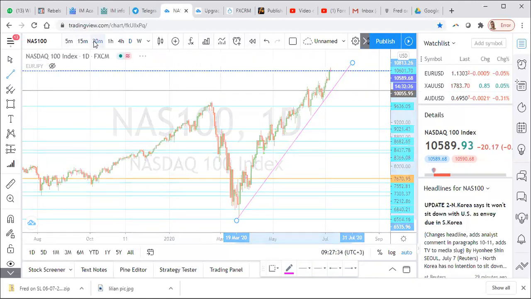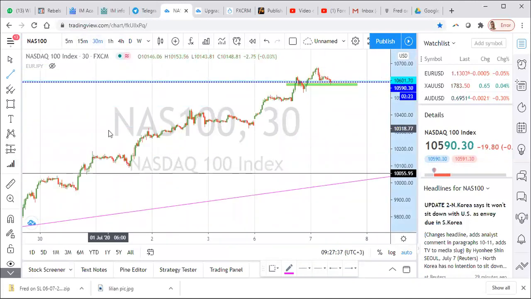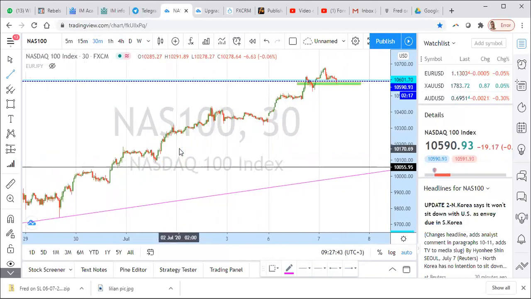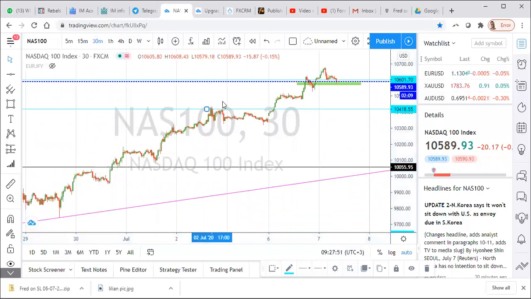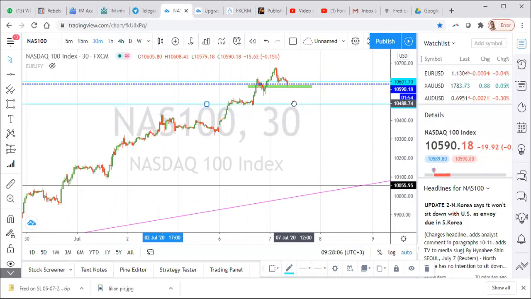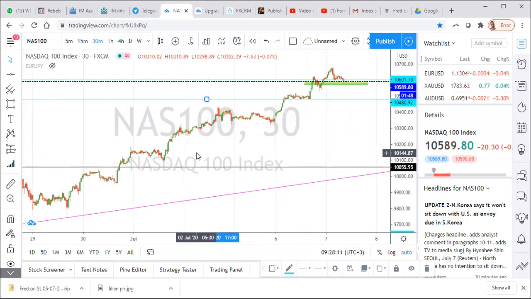So let's look at these different levels.